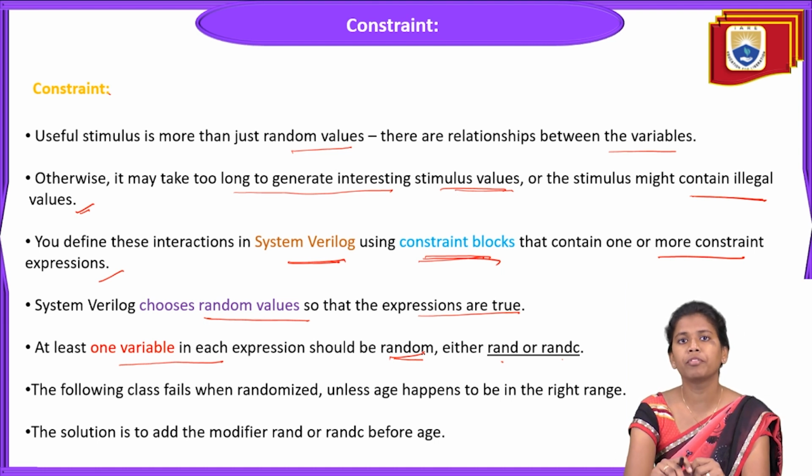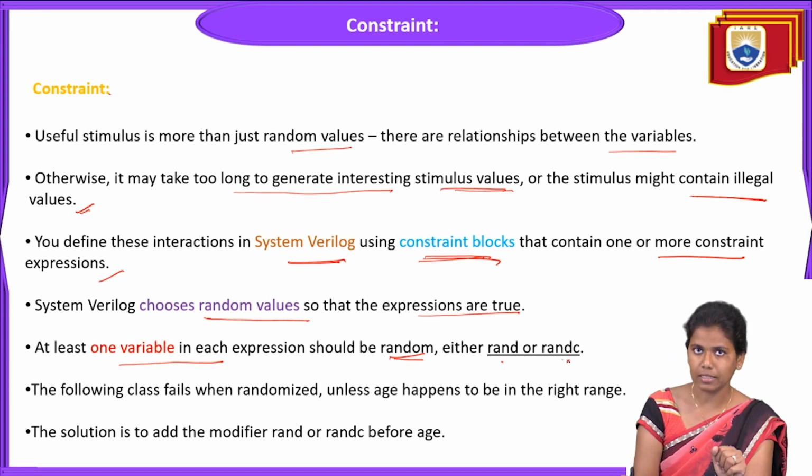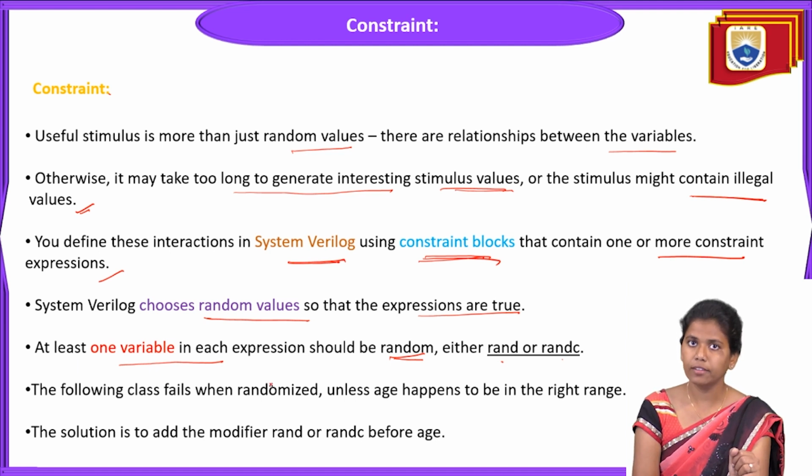If you are considering 10 variables, out of those 10, at least one variable should be picked up randomly, and such a variable can be given the name rand or randc.